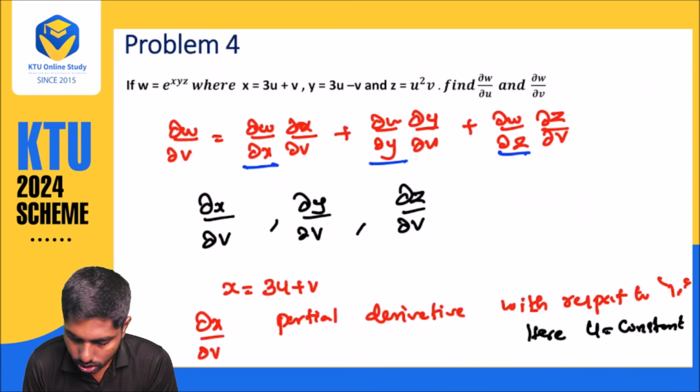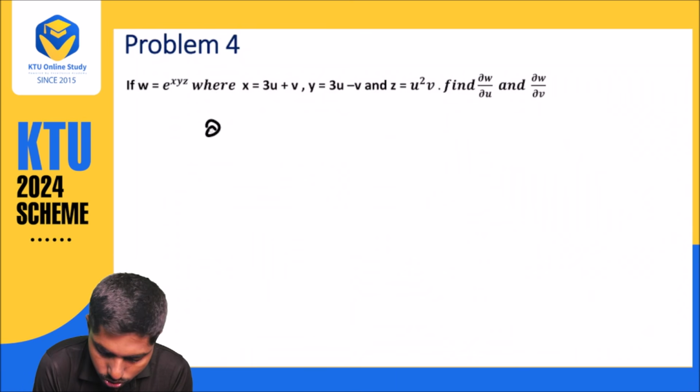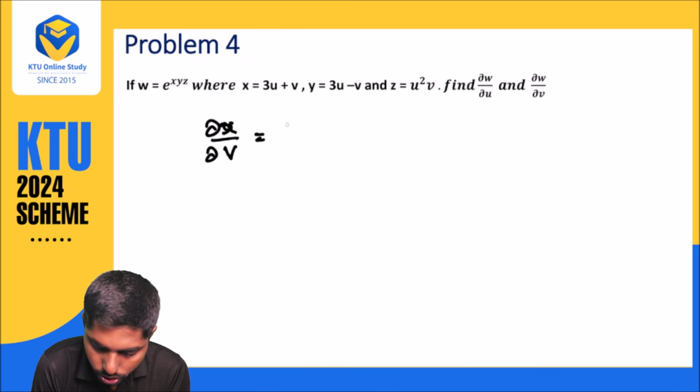So ∂x/∂v is equal to, x is equal to 3u plus v, so u will become 0 plus 1.